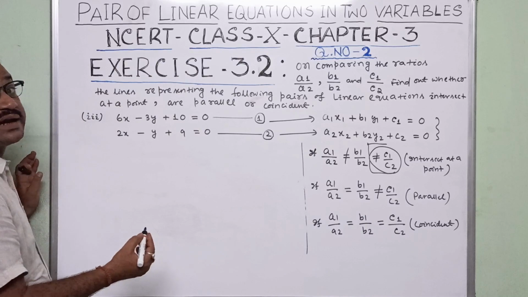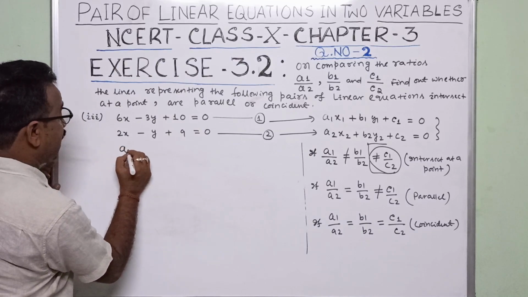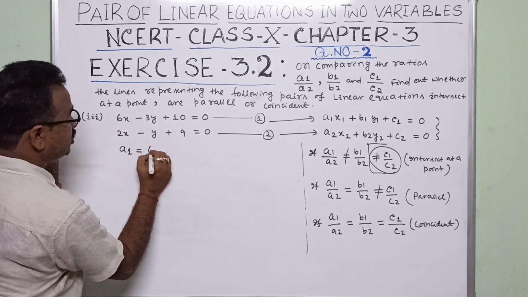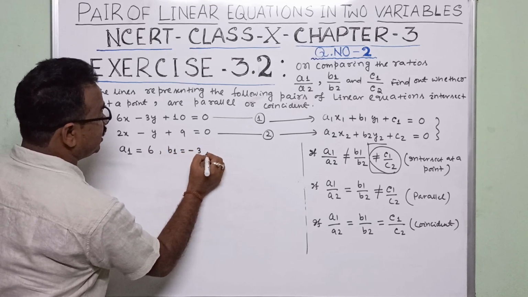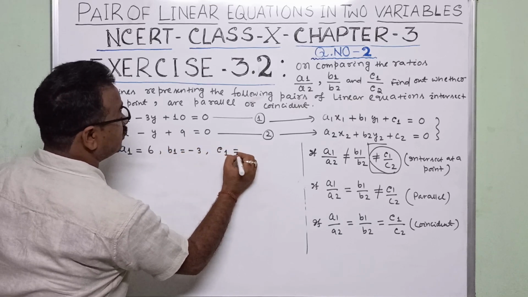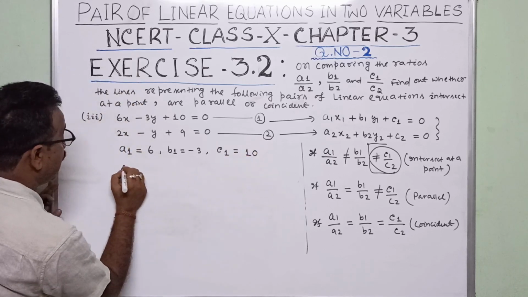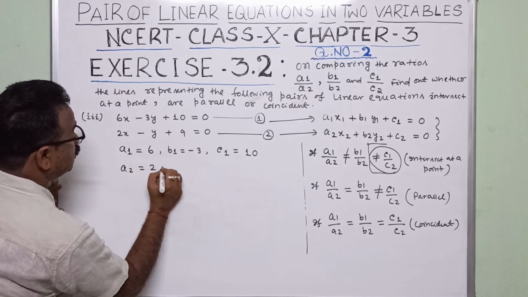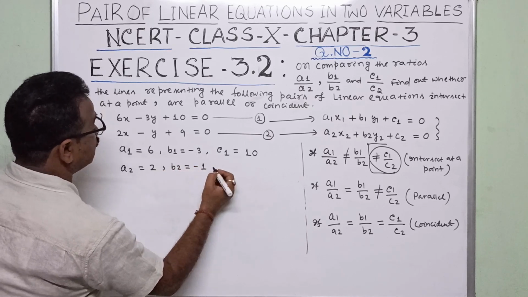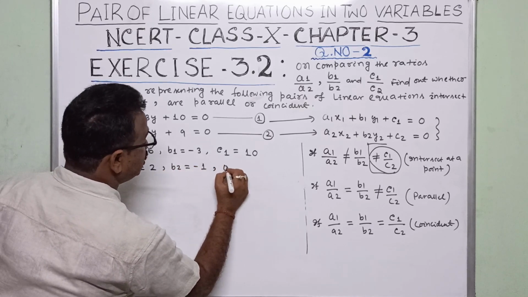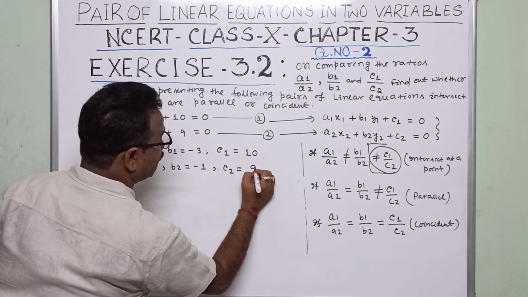So what values are we getting? a1 is equal to 6, b1 is equal to minus 3, c1 is equal to 10. Now a2 is equal to 2, b2 is equal to minus 1, and c2 is equal to 9.